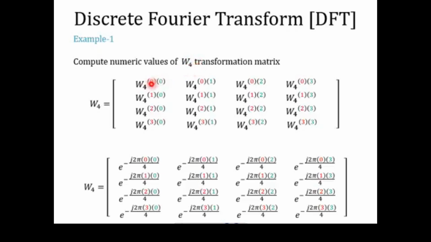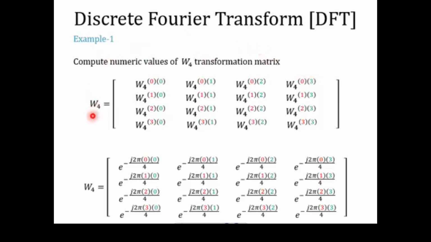So it will have 4 rows and 4 columns because the value of both K and N will go from 0 to 3. As you can see here as well, the value of K is updating row wise 0, 1, 2, 3, which is written with a red color. Similarly, the value of small n is updating column wise 0, 1, 2, 3, which is written with a green color.